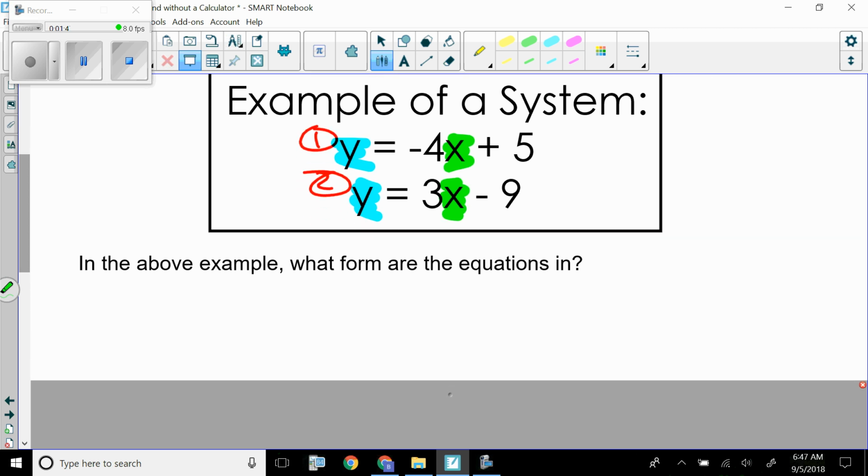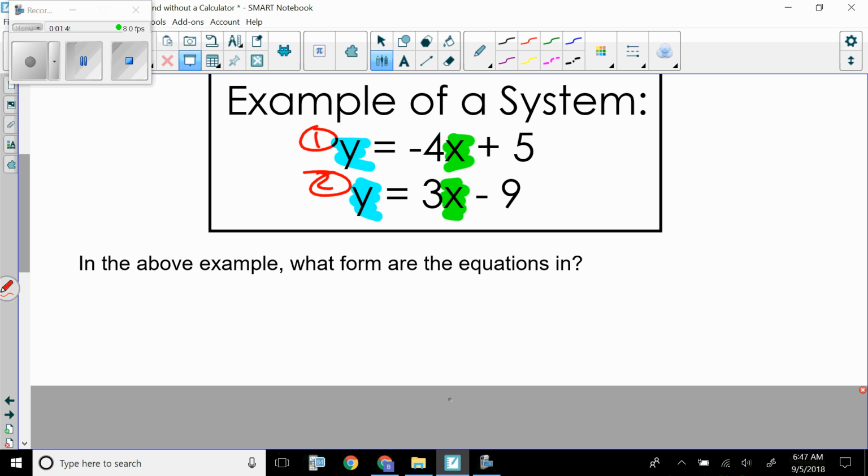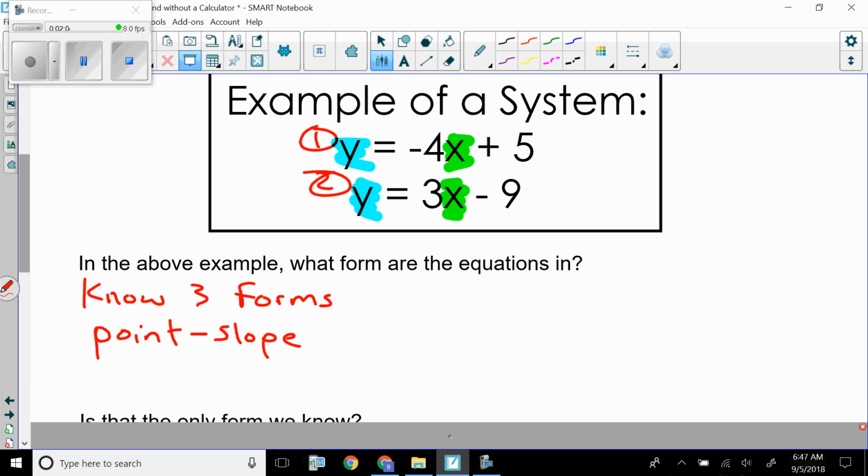Now, in my example up here, what form are the equations in? Remember that we know three forms. We know point-slope, slope-intercept, and standard.